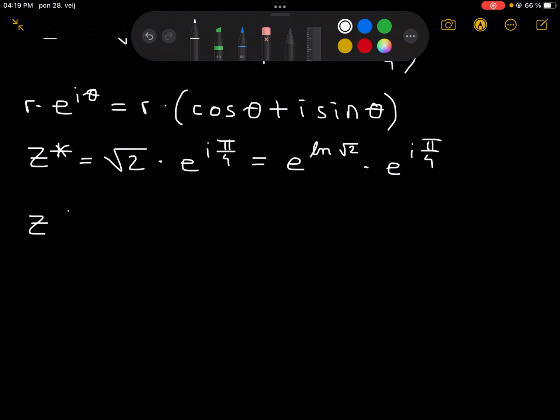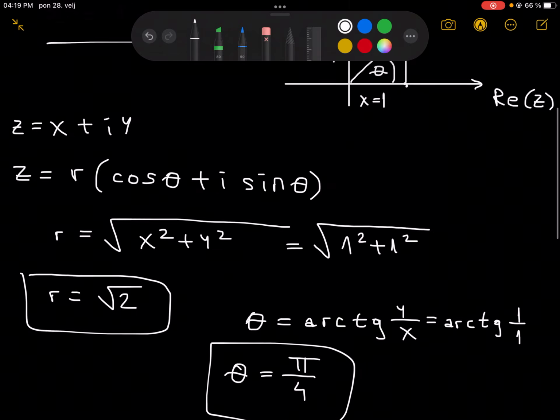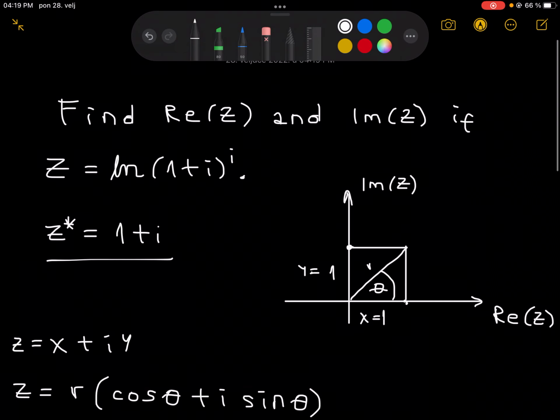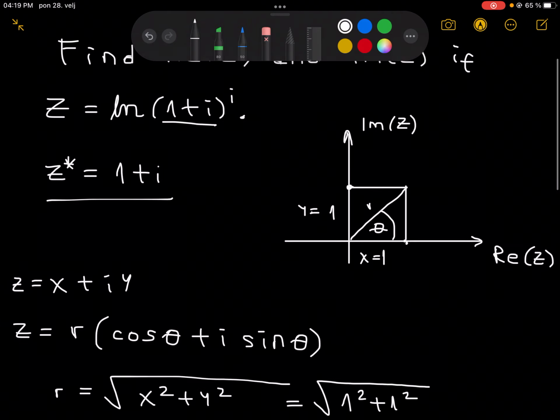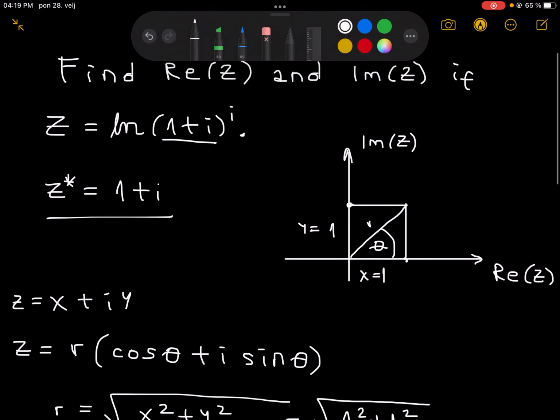So that means that our z asterisk must be equal to e to the power of (ln of the square root of 2 plus i pi over 4). Now let's remember what our z asterisk is. That's our quantity from right here, 1 plus i. So let's plug that back into the original equation.